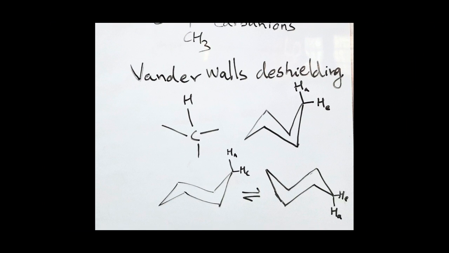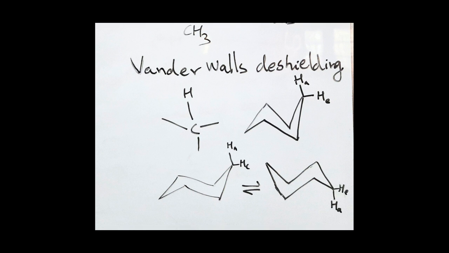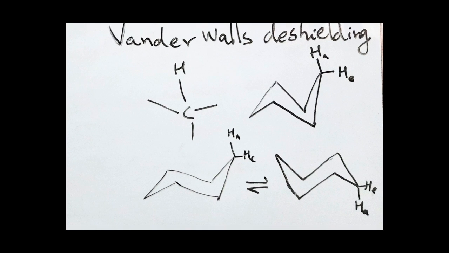See, just like the electronegativity and electropositivity of substituents or atoms present in the molecules, we have the same substituent effect, but the substituents are not offering their effect through the intervening chemical bond.